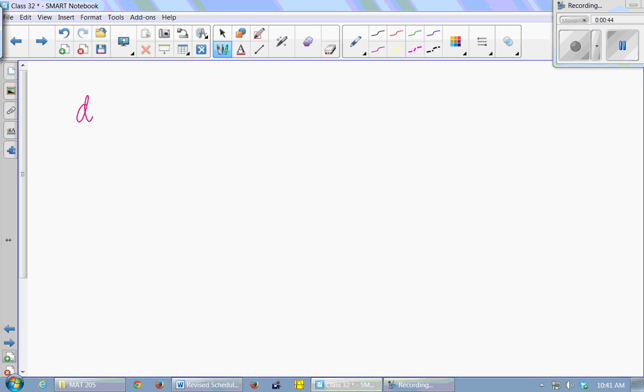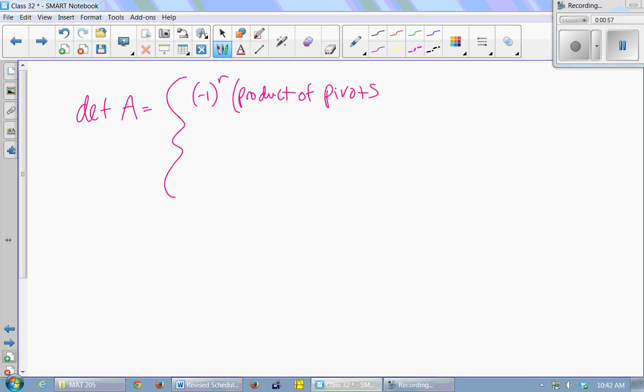The determinant of A is equal to (-1)^r times the product of the pivots from any echelon form, right? Yeah, sure, I'll take that. This is if A is invertible. And if A is not invertible, the determinant of A is 0.